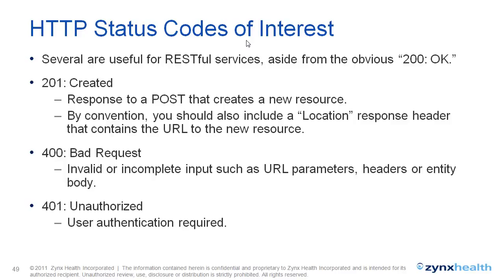Tells the web infrastructure that a URL got created, and in fact, if you include a location response header along with your 201, then the web infrastructure knows what the URL is of that new resource, and generally you are returning the actual representation of the new resource in the body, so that enables caching.